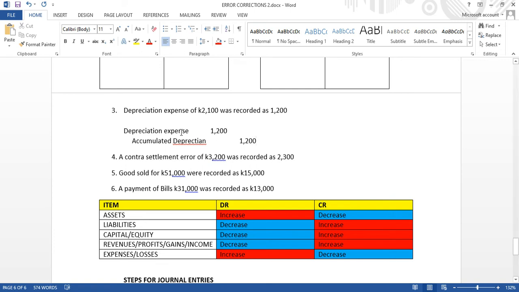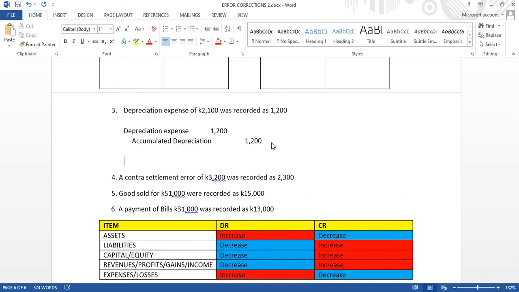1,200 here. So we've seen that this amount has been undercast. It's supposed to be 2,100. The bookkeeper transposed: instead of putting 2,100, he puts 1,200. So we have to correct this error.